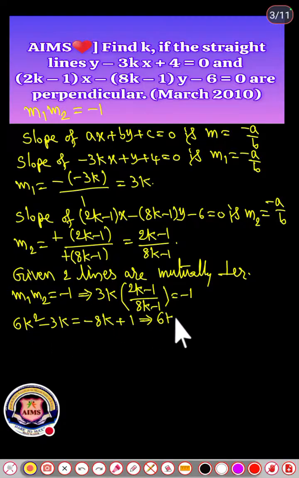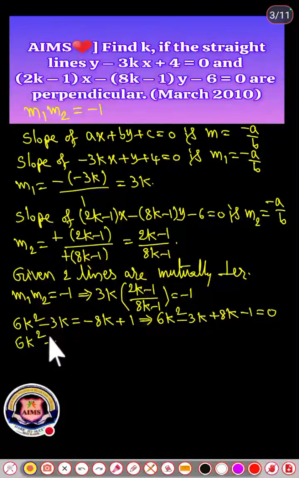We get 6k square minus 3k, this minus 8k coming into left side plus 8k, plus 1 coming into left side minus 1 equal to 0. We get 6k square, 8k minus 3k is 5k, minus 1 is equal to 0.